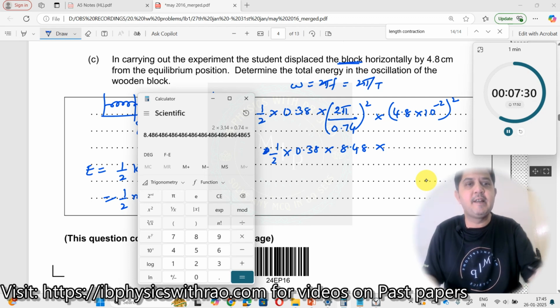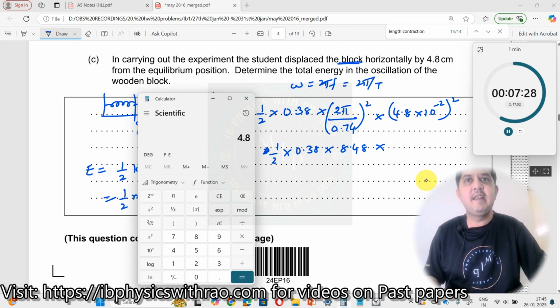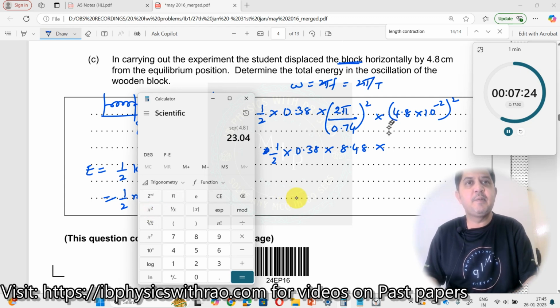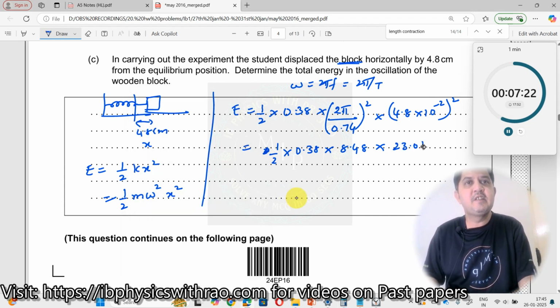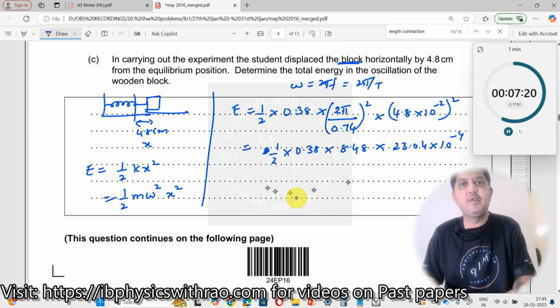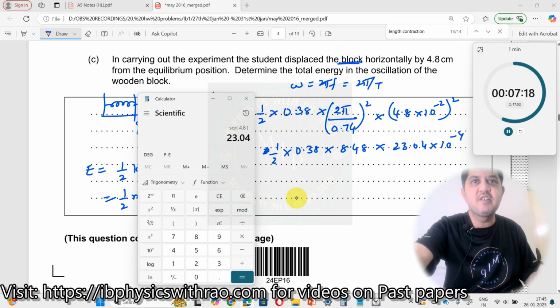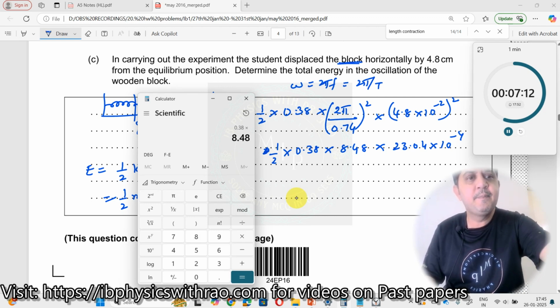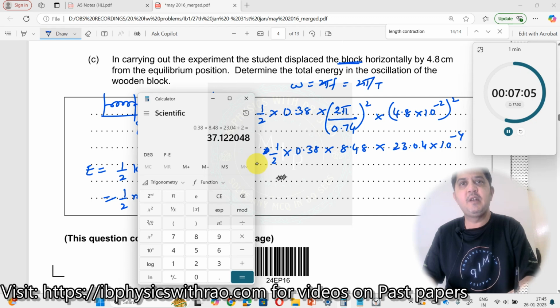Okay, and then 4.8 square. What is 4.8 square? 23.04, into 10 to the power minus 4. So if I do the whole calculation, I get 0.38 into 8.48 into 23.04 divided by 2 will be 37.12.